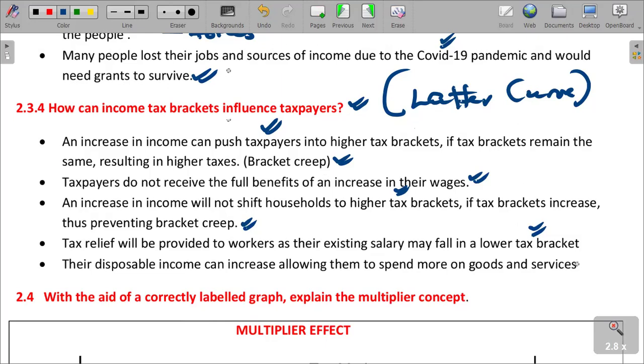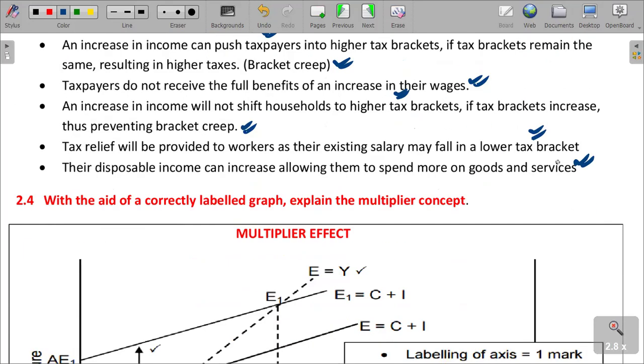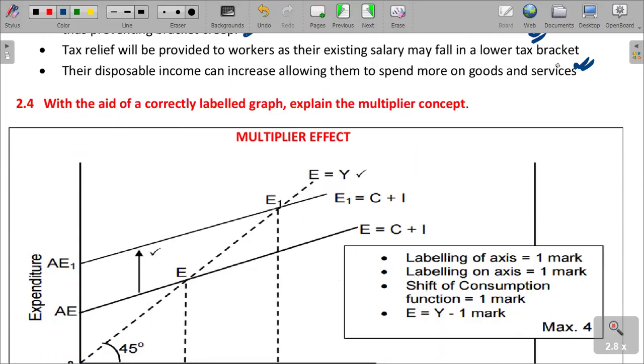Obviously, when the tax bracket increases and people are within that tax bracket, their disposable income is also reduced, because some of the money has to go to pay for what? For that tax, which is taken by the government, eating away from whatever they were having.